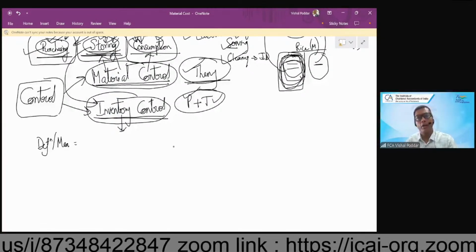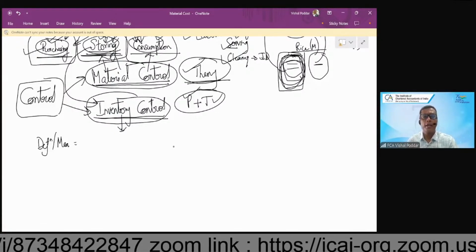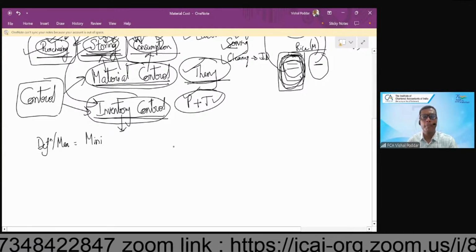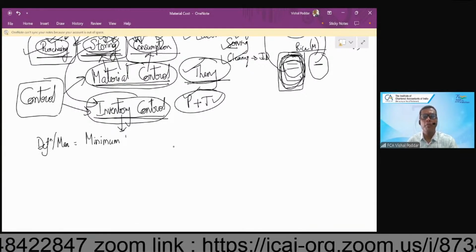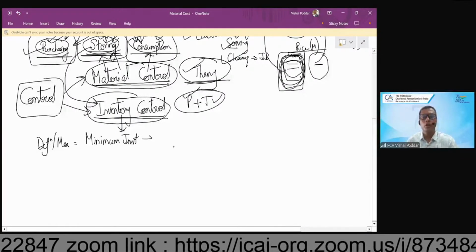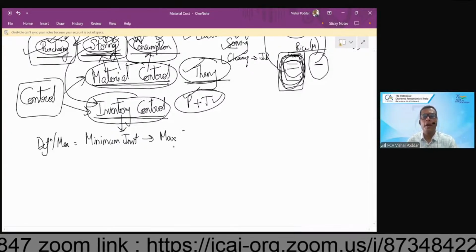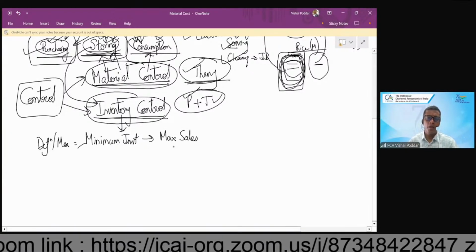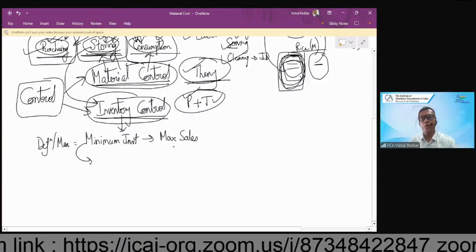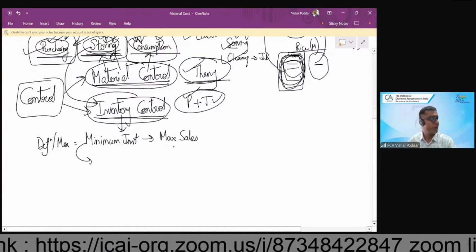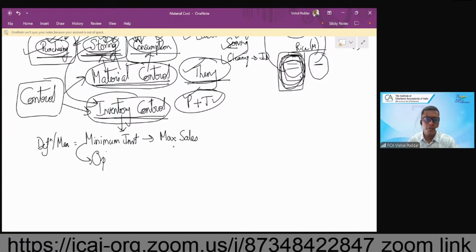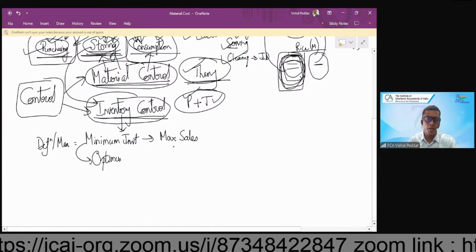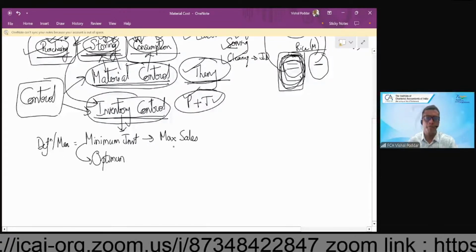So what is inventory control? In very simple words, it means with minimum inventory, you should be able to achieve maximum sales. Simple. Now, minimum is actually not the right word, but I use minimum because it sounds good. I will replace this word by the most correct word, that is optimum.